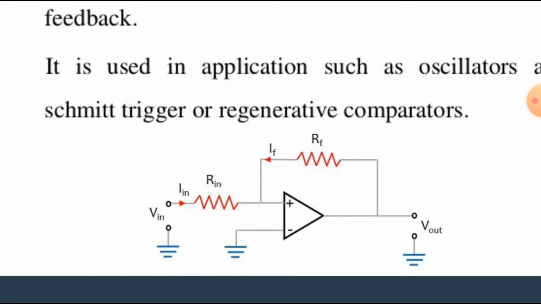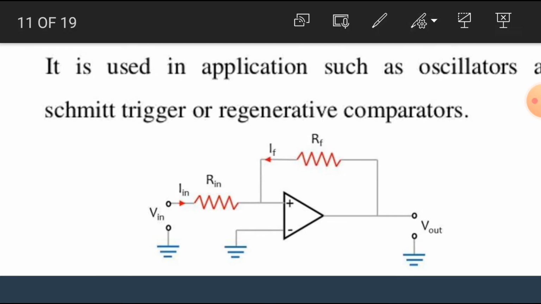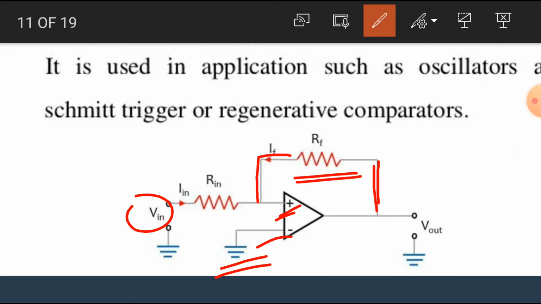In positive feedback, the input is given to the non-inverting terminal, that means to plus, like this V in, while the inverting terminal is grounded. The output is taken from the V out terminal and connected to the non-inverting terminal through the resistors.